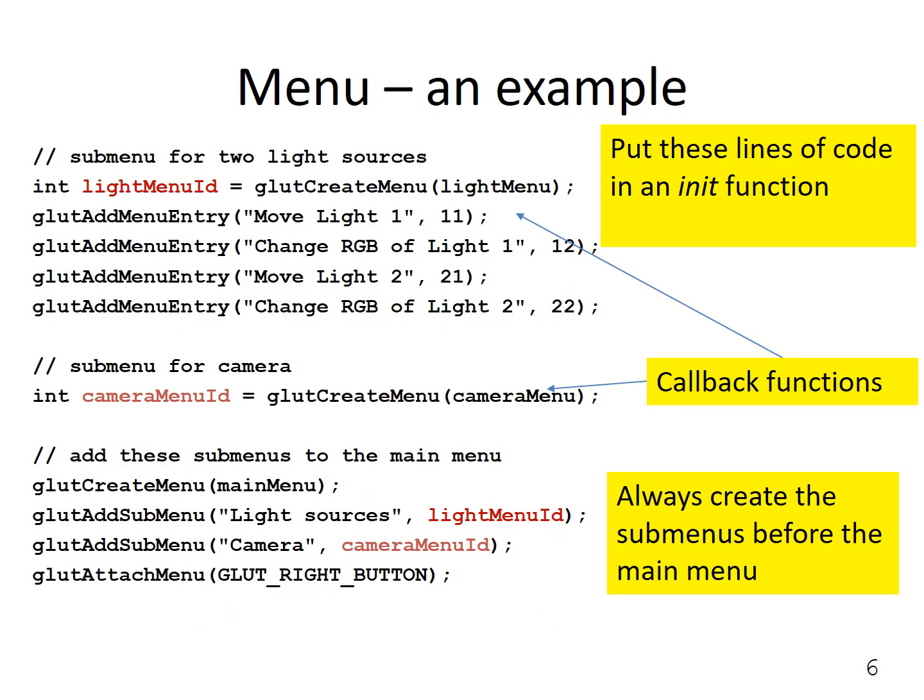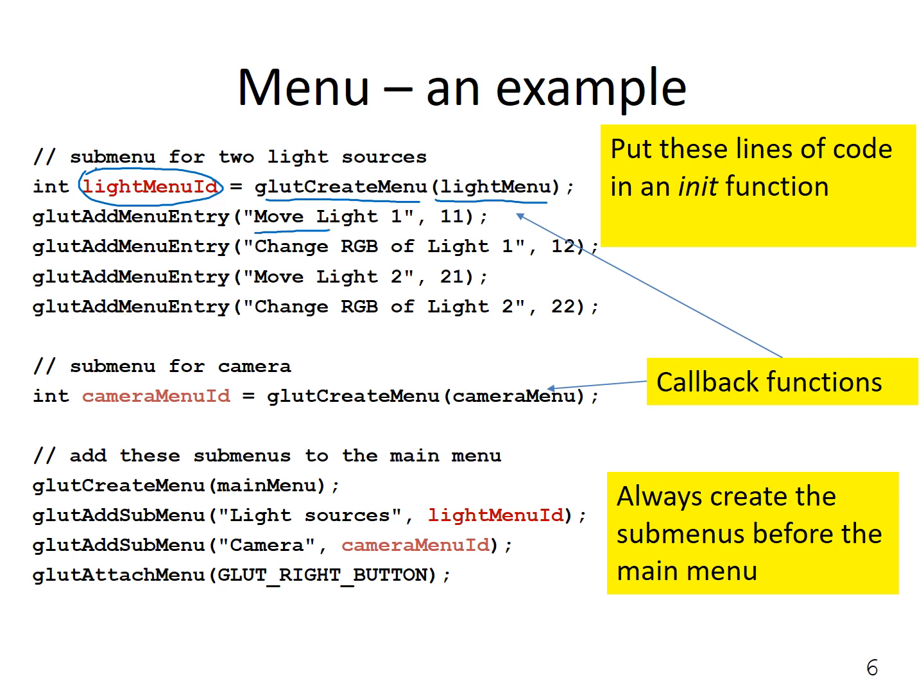Here is a more elaborate example of adding menus with submenus. We first define a menu with a callback function lightMenu. We use the glutCreateMenu command for this, and we can identify this light menu with an integer identifier, lightMenuID. Then we add entries for this menu.